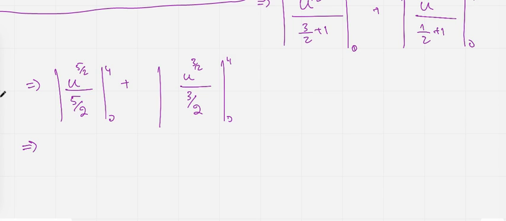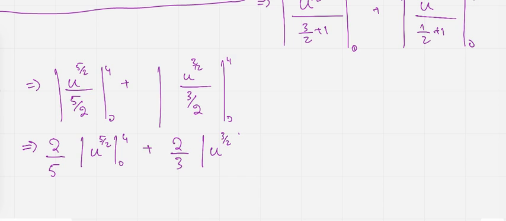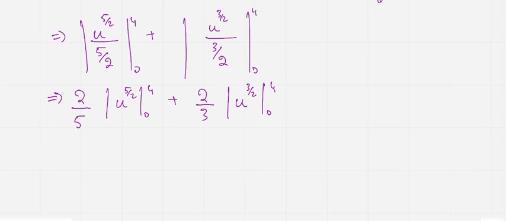Now you see, just shift these constant values in the denominator, which are in fraction form, so they turn into their reciprocals. It will look something like this. And now the stage comes when I am going to apply my upper and lower limits.